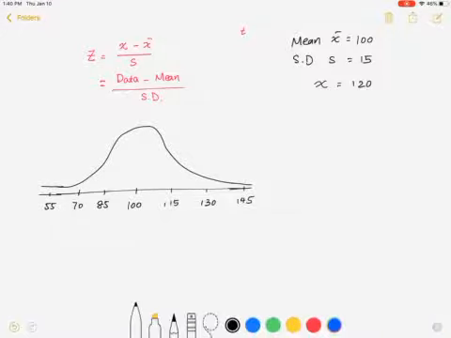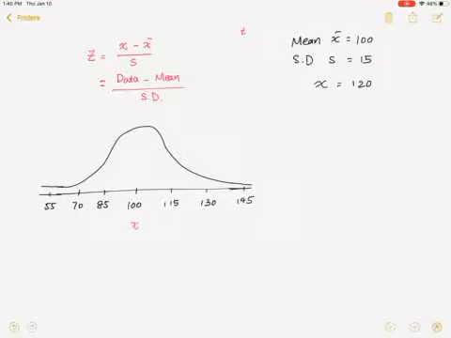Again, labeling them, this is the mean, 1 standard deviation away, 2 standard deviations above, 3 standard deviations above, 1 standard deviation below, 2 standard deviations below, and 3 standard deviations below. So 120 I know is located here. But what is the z-score?